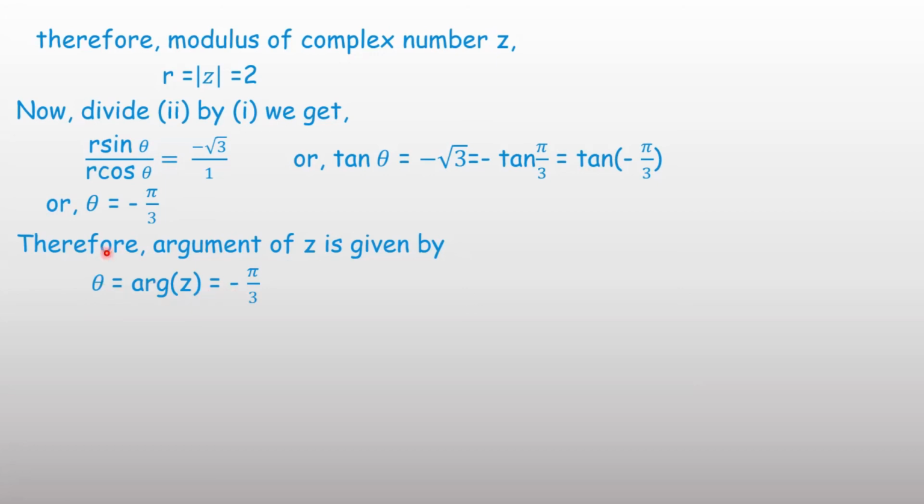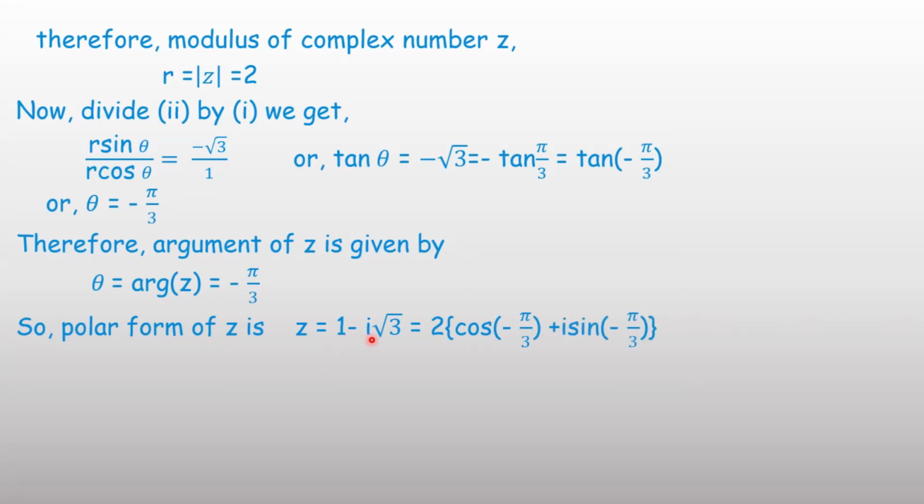In this process you are getting the value of r equal to 2 and theta equal to minus pi by 3. Therefore we can write the complex number in polar form as z equal to 1 minus i root 3 equal to 2 times cos of minus pi by 3 plus i sin of minus pi by 3.